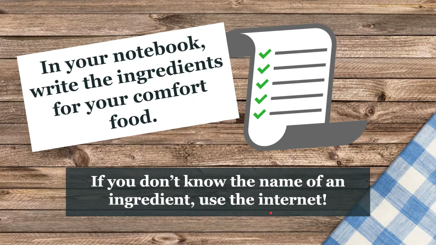You can find any food that you need on the internet. What is its English name? Or how do you spell the Korean using the English alphabet? So, take a moment, pause the video, and write the ingredients you can think of for your comfort food. Good.